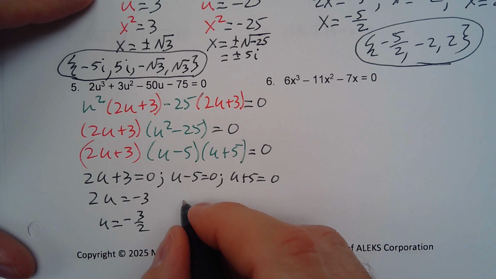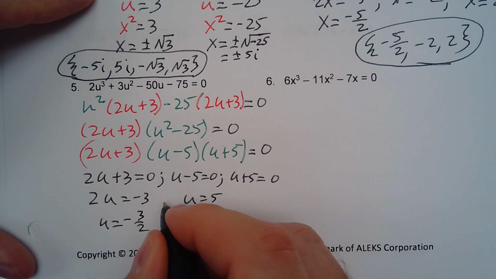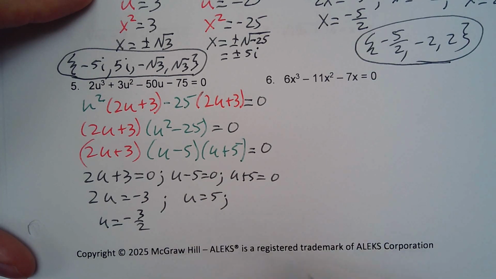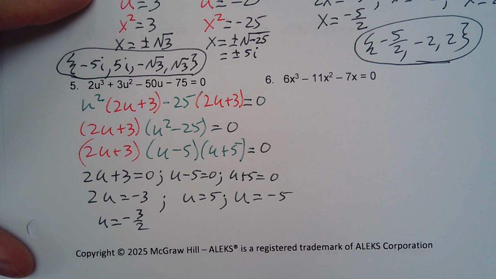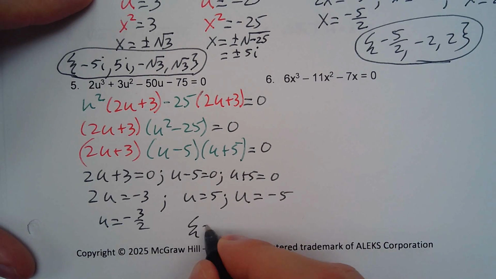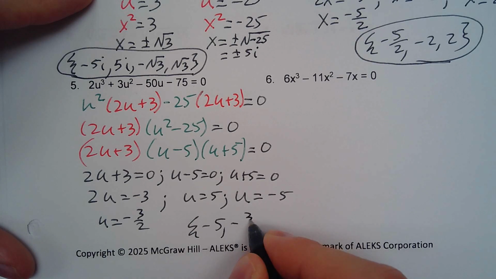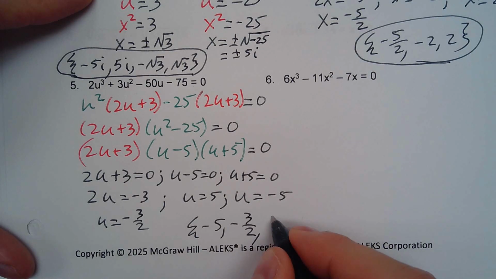Second one, we would add 5 to both sides, and then we'll call that one done. The third one, we'd subtract 5 from both sides and call that one done. So my answers are negative 5, negative 3 over 2, and 5.